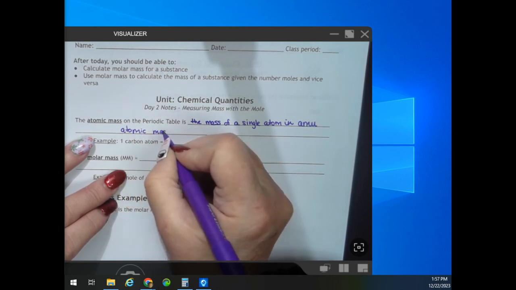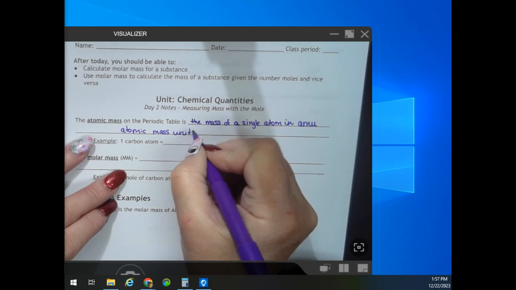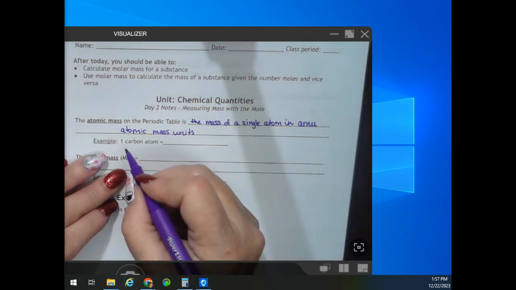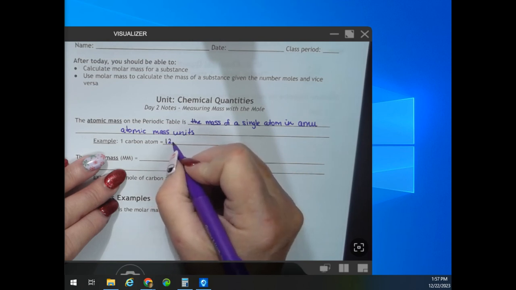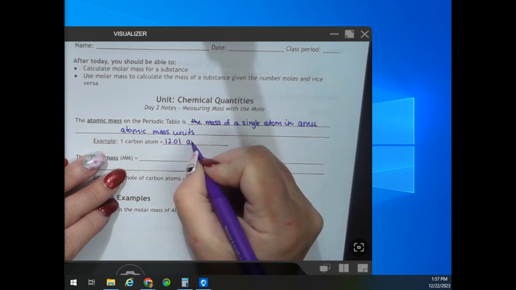Atomic mass units. So an example, one carbon atom is equal to, if you look on the periodic table, 12.01 AMU.